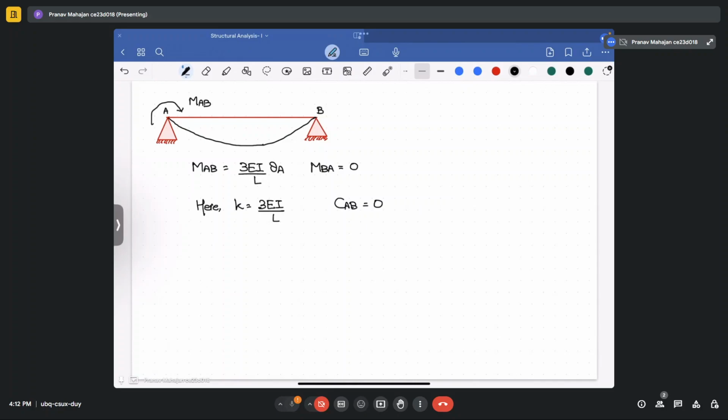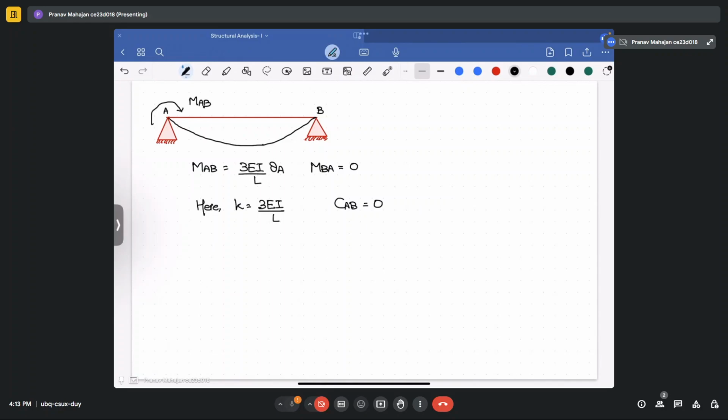This happens because in this case rotation is allowed at support A as well as support B. Whereas in case of the cantilever beam, we are allowing the rotation to happen at A, but at B, since there is a fixed support, no rotation is allowed.